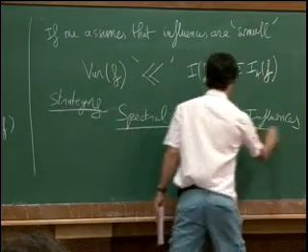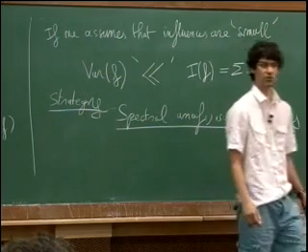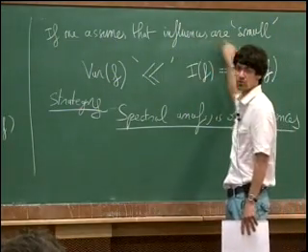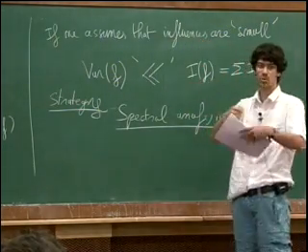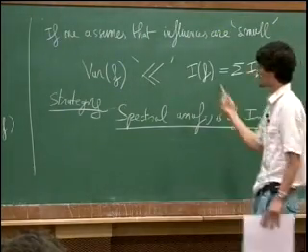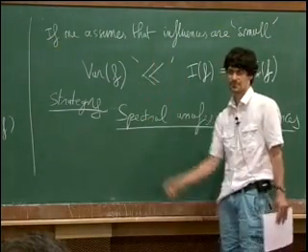Or in other words, the strategy will be to understand in terms of the Fourier spectrum what it means to have small influences. So this assumption implies something on the frequencies which will help us understand that.